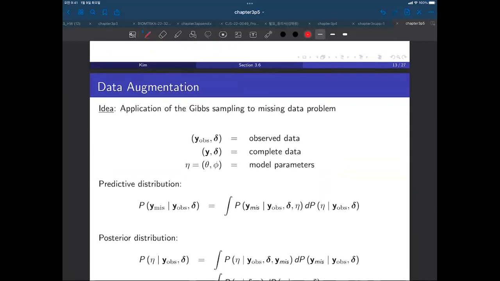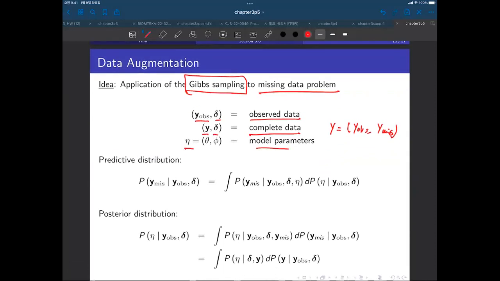So data augmentation is an application of the Gibbs sampling to the missing data problem. Here's the setup. We have observed data Y observed and delta. Complete data is Y and delta. That means Y is Y observed and Y miss, right? And the model parameter is eta.